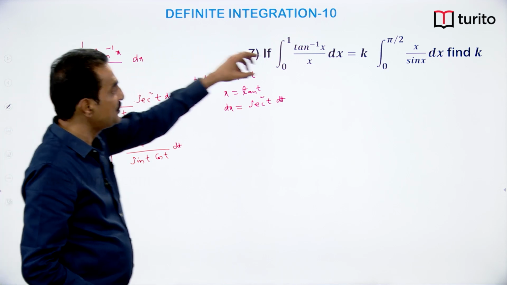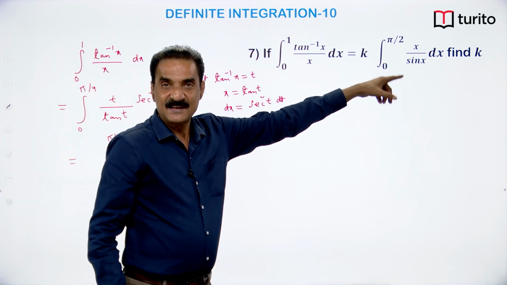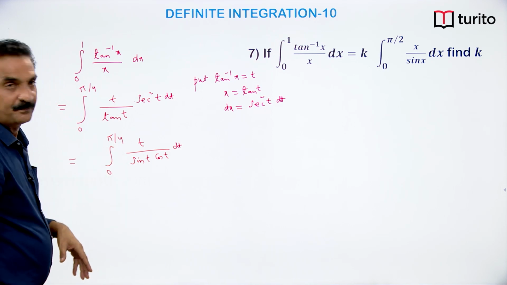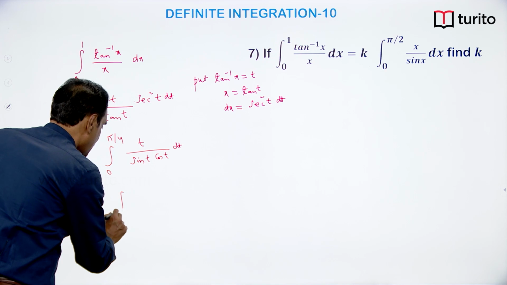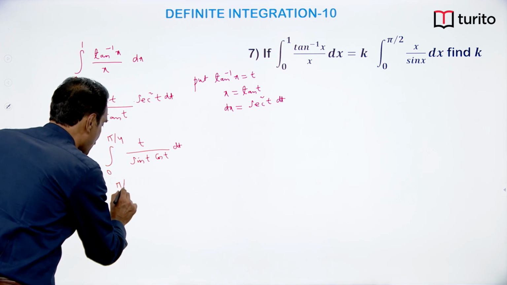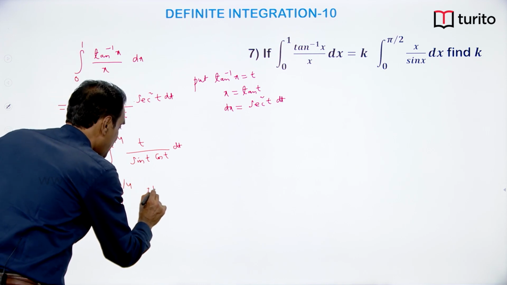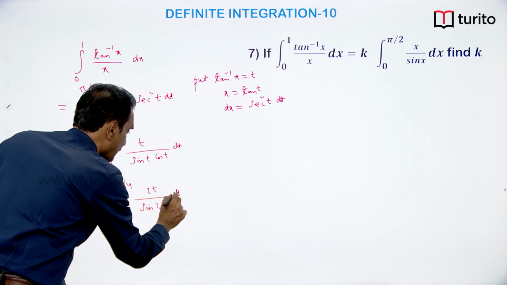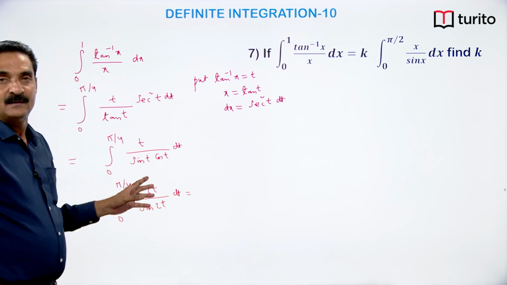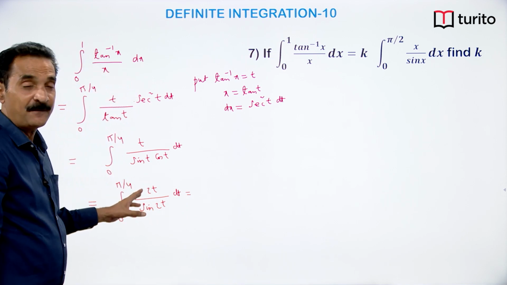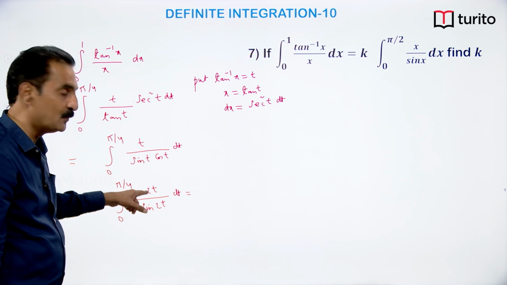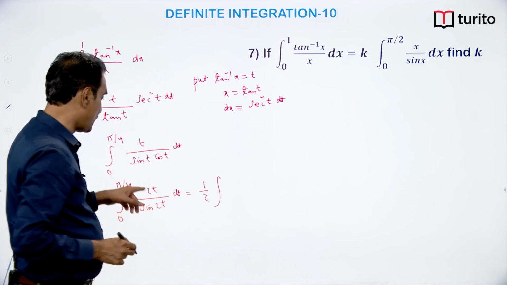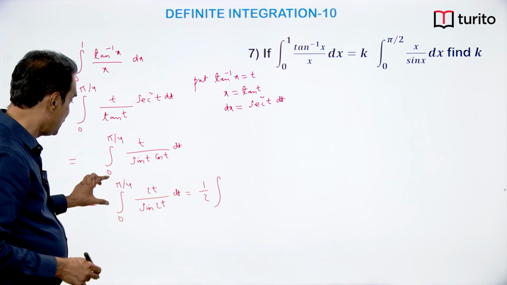Now, we have to convert this into the form of x by sin x. Now, multiply and divide by 2, then you will get integral 0 to pi by 4 2t by sin 2t. Then we can apply the f of kx property, where k is 2. It will be equal to 1 by 2 integral, 1 by k means 1 by 2 integral ka to kb.